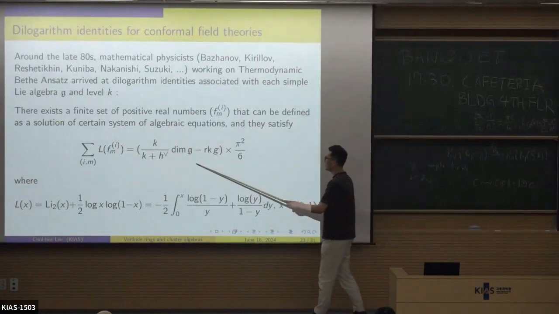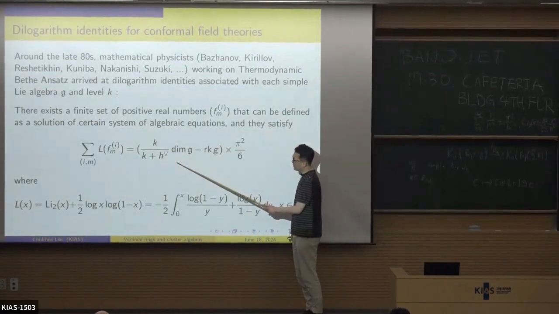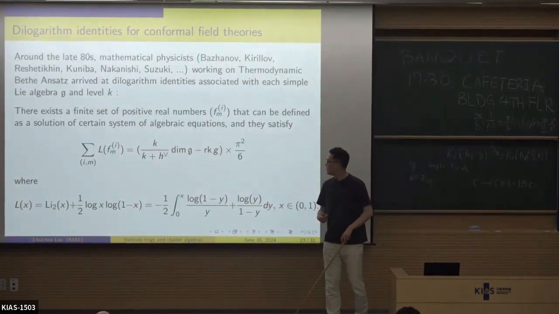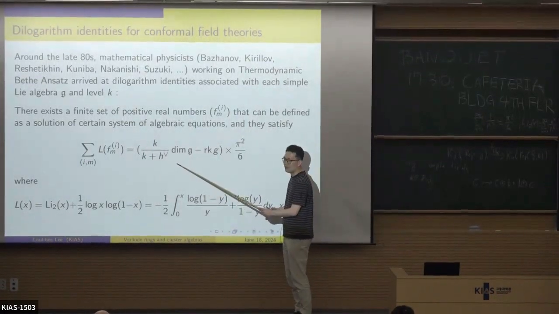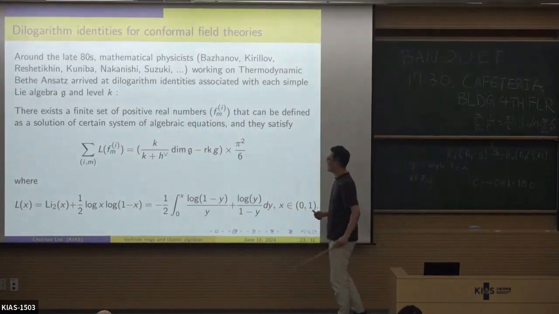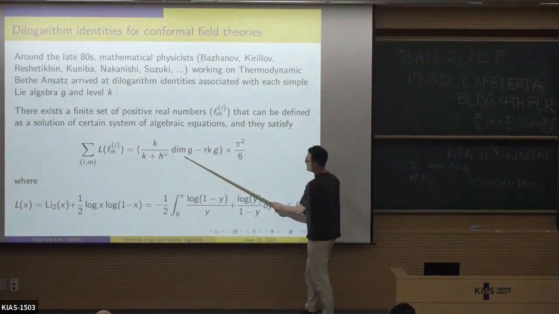First, this appears when you look at the modular transformation behavior of string functions of affine Lie algebra representations. So that's one occasion where you can see these kinds of numbers.